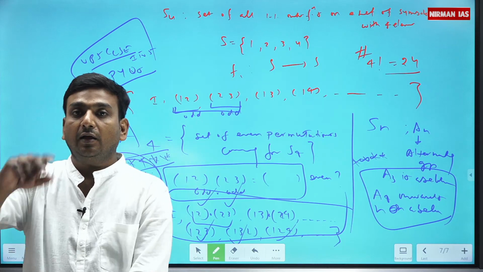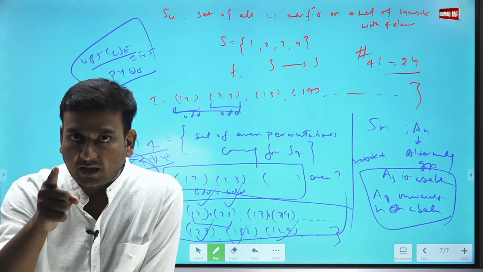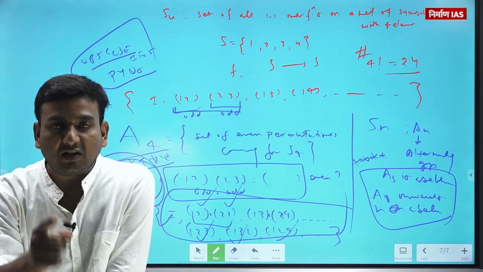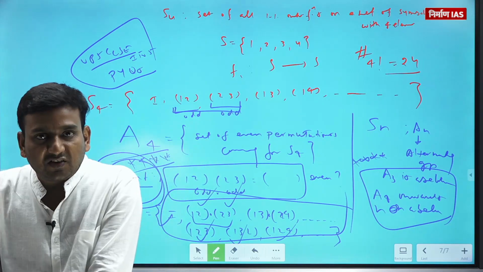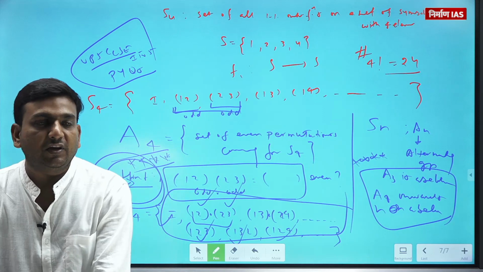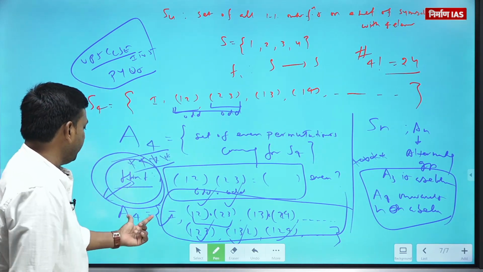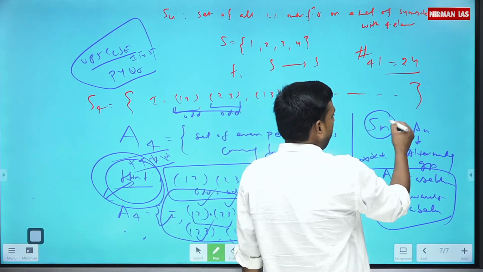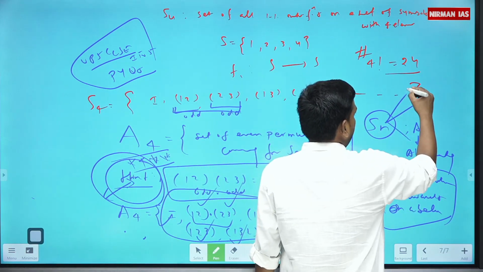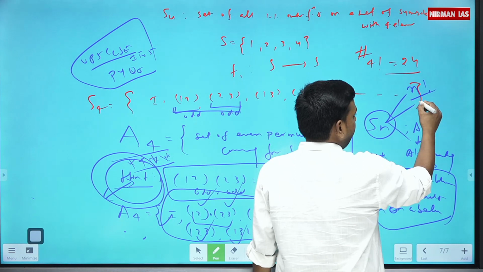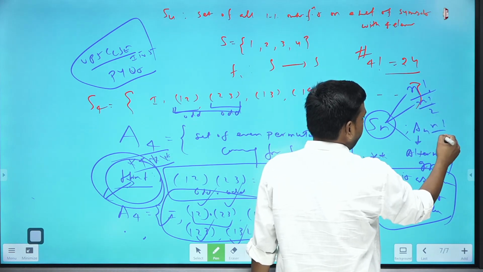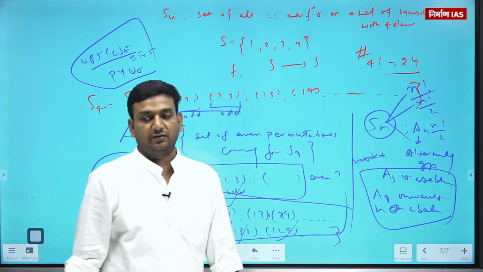First you write A4. If you are not able to write, do let me know in the comment section, sir, please tell me I am not able to construct all those elements of A4. And how many elements? Sn comprises n factorial total elements, n factorial by 2 even, and n factorial by 2 odd permutations.